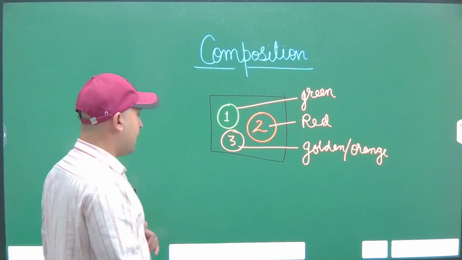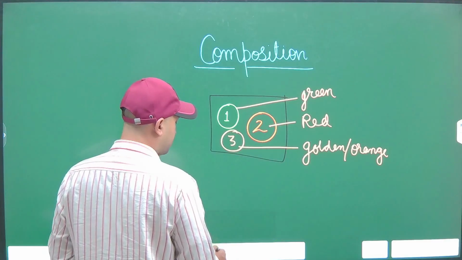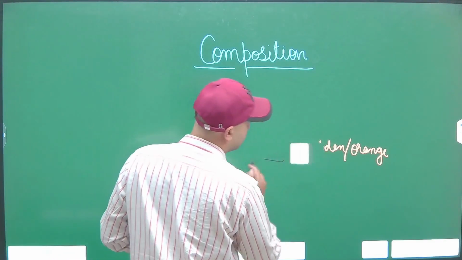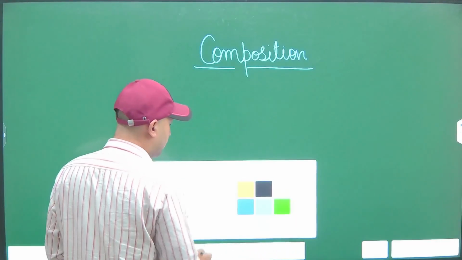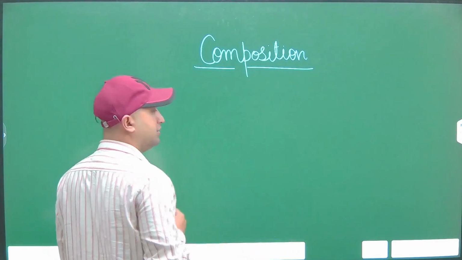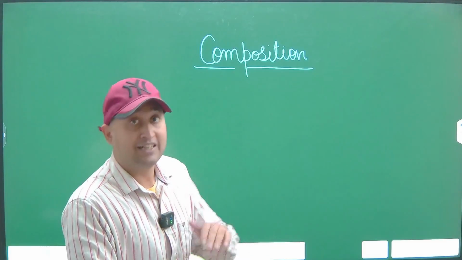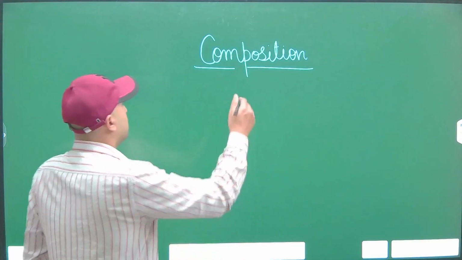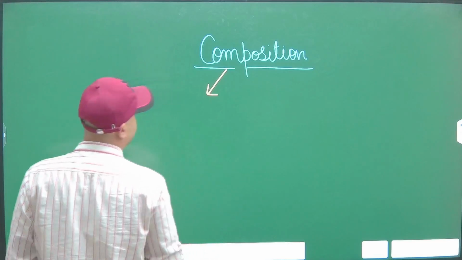So right now we have to understand the composition of population in India. If we understand the composition, we can see that it depends on certain factors. The population has a variety.